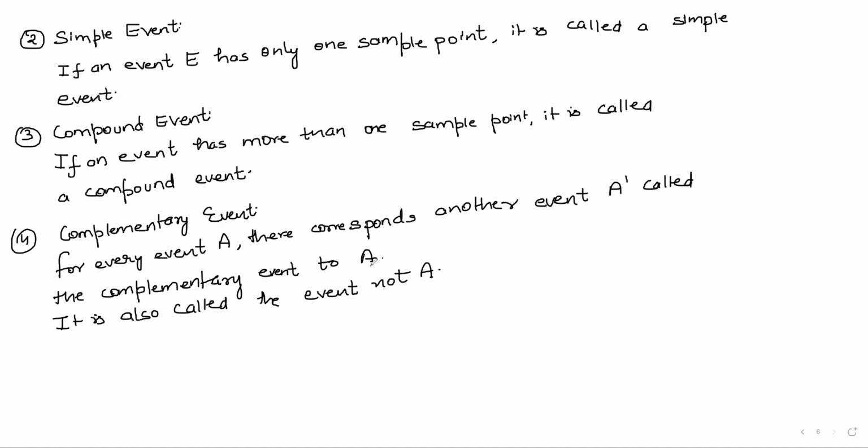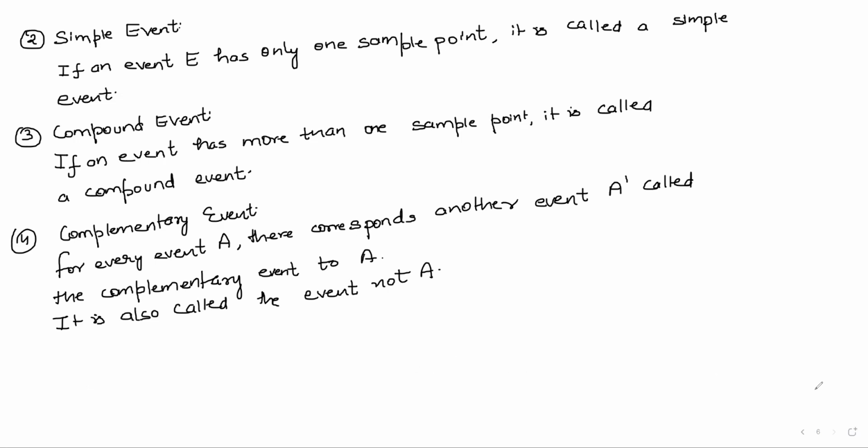So for example, if you will say that A is the event of getting an even number, then A naught will be an event of getting not even, or we can say odd number. Okay, so please note on this one. Done.